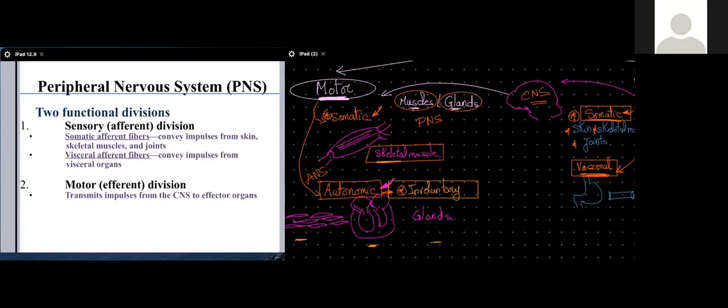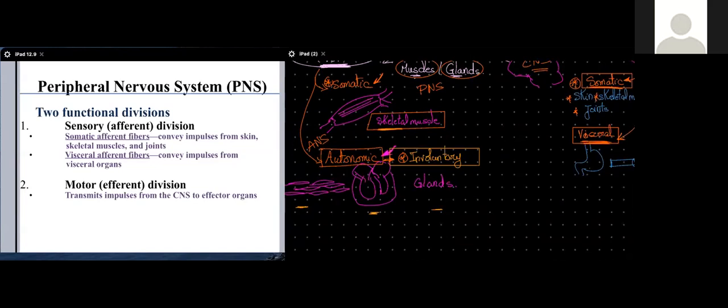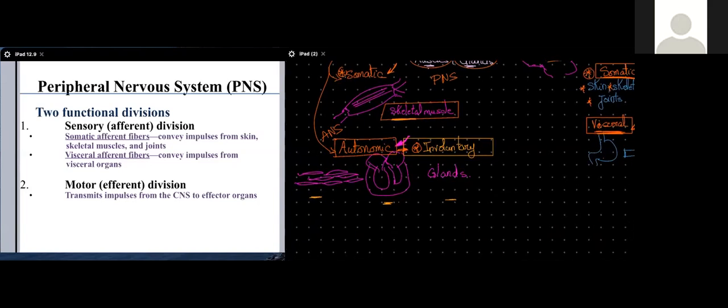We classify the part of the peripheral nervous system conducting the motor signals to your smooth muscles, cardiac muscles, and glands as the autonomic nervous system.